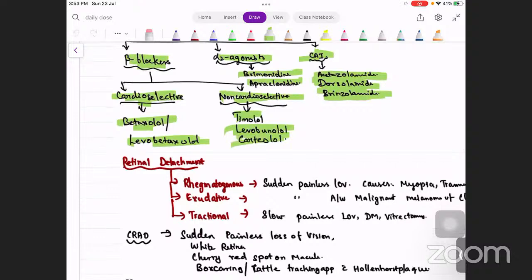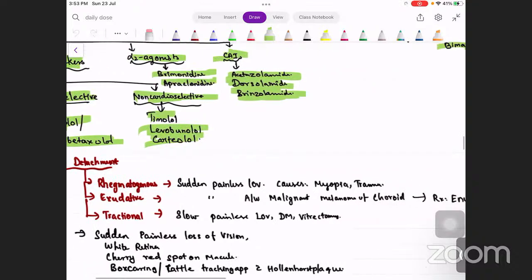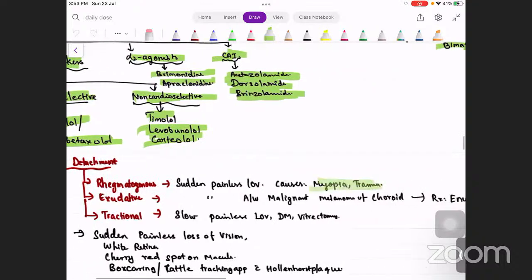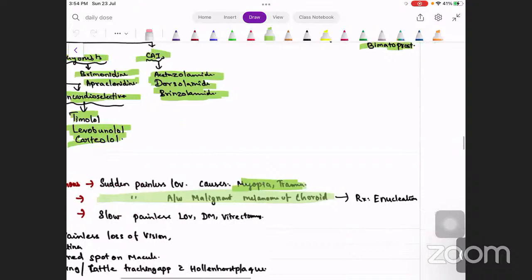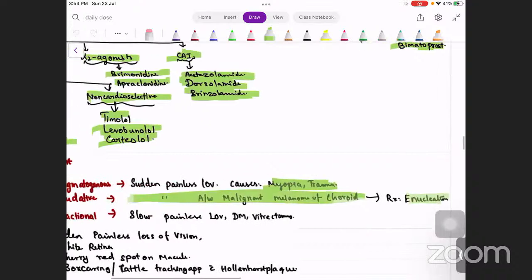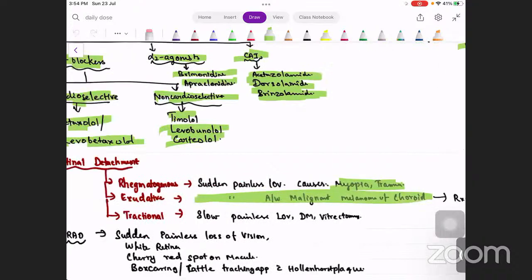So, rhegmatogenous is sudden painless loss of vision, which can be caused by myopia and trauma. Exudative is sudden painless loss of vision associated with malignant melanoma of the choroid, where the treatment of choice is enucleation. Tractional retinal detachment is slow painless loss of vision associated with diabetes mellitus and vitrectomy.